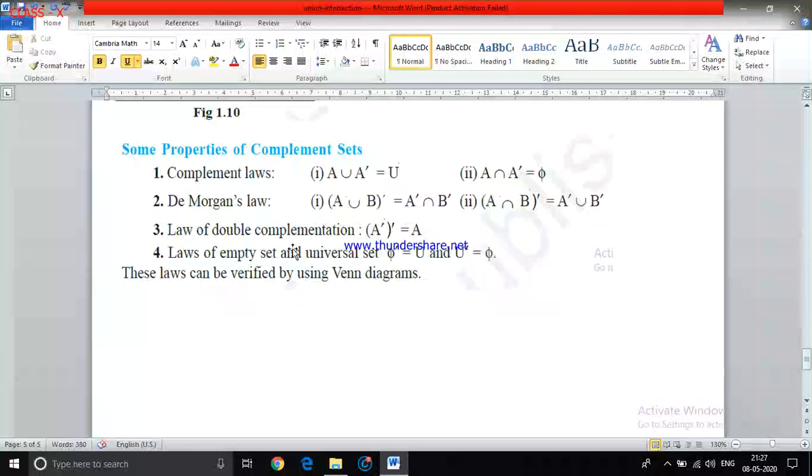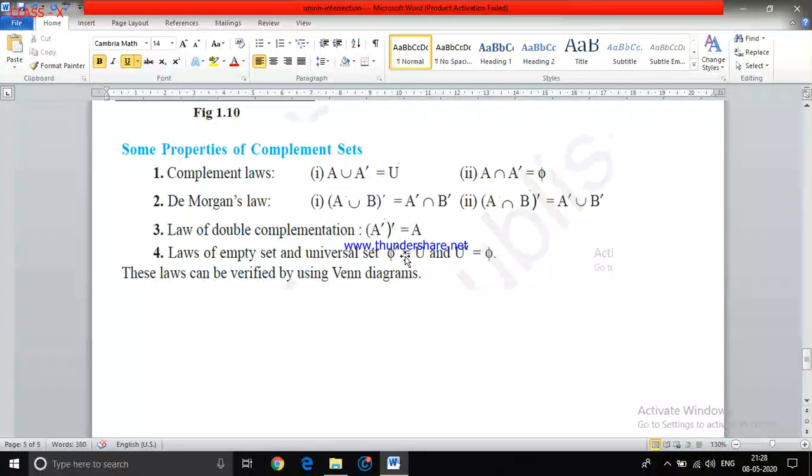Now there are some properties of the complement. A union A complement is the universal set, that we already discussed. And A intersection with A complement will always give you an empty set. Now here there are two important properties. A union B whole complement. That means, given sets A and B, first find A union B, then its complement.